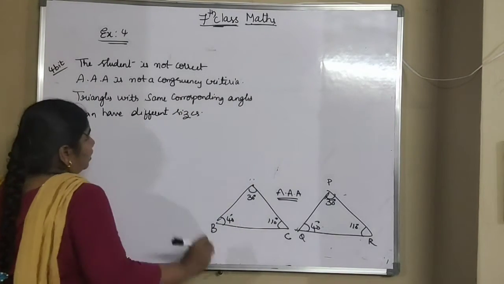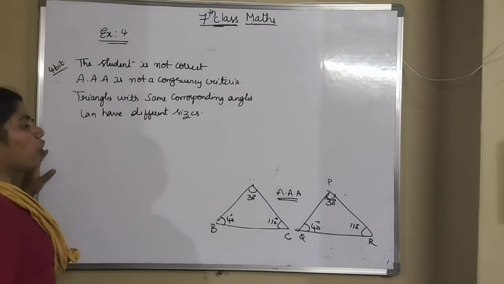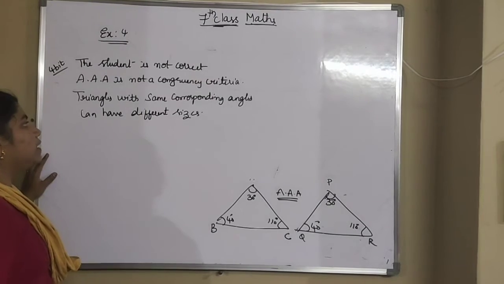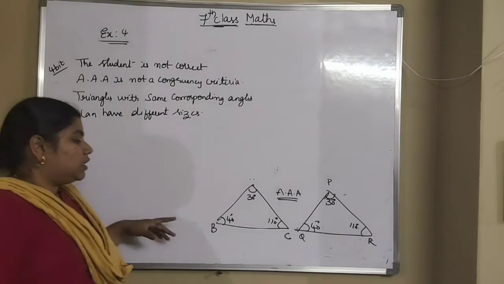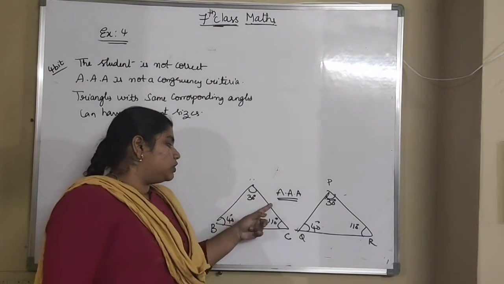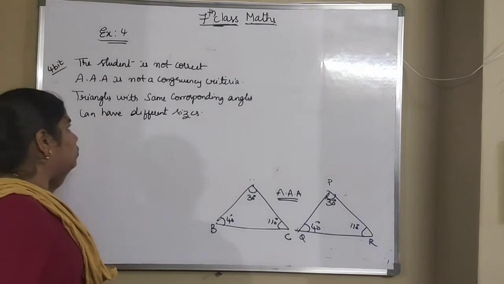So we don't have any AAA congruency. Why? Because AAA is not a congruency criterion. We didn't learn about AAA. For triangles with the same corresponding angles, we can have different sizes also. So that's why this is not correct.